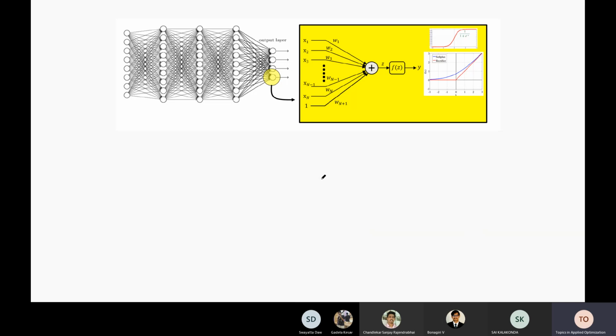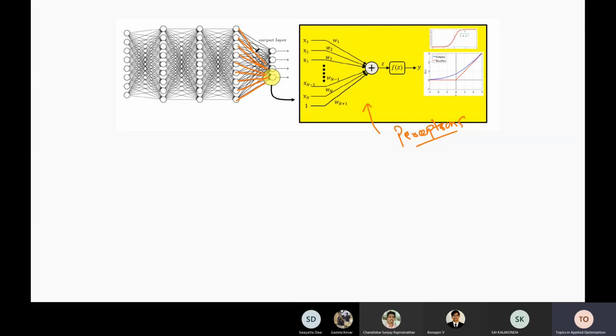If we zoom into some of the units or the neurons, then this is the familiar perceptron. Perceptrons we have seen before. Inside this we are doing a linear combination and activation. For example, the inputs are coming from all of these.